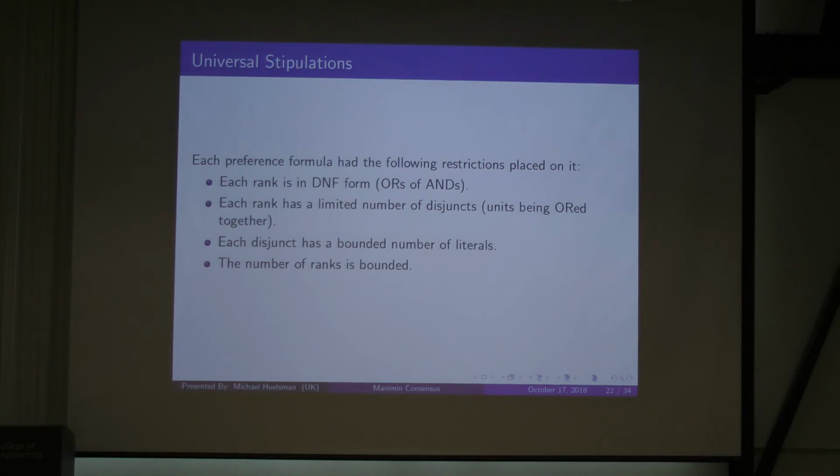And then we decided to limit the number of disjuncts, so that's the number of units with ANDed literals. So we have a bound on that. We have a bound on the number of literals in each disjunct, which are ANDed together. And then we bounded the number of ranks. This was all to make the learning a little bit easier, because like I said, we could have a very long preference formula that perfectly expresses any preference order.